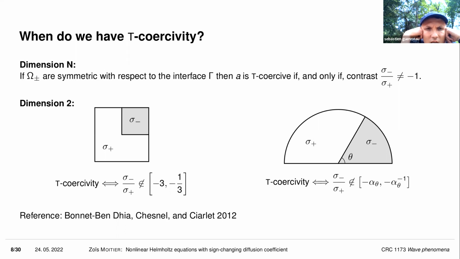And can you have some kind of, so you can have a finite number of corners. Okay, countable as well?